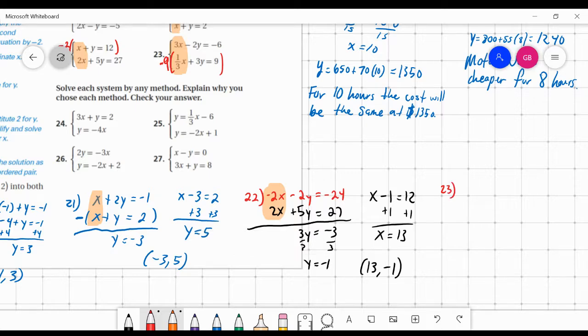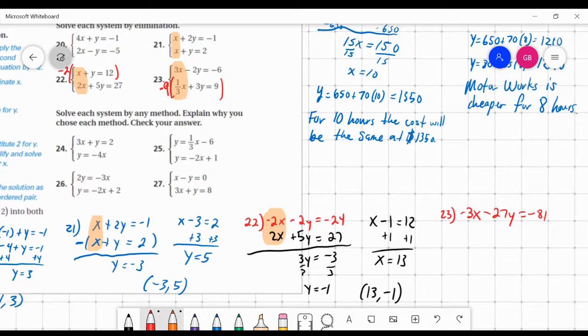So negative 3x, negative 9 times 3 would be minus 27y. And then negative 9 times 9 is negative 81. And then the original one, the top one is 3x minus 2y is equal to negative 6. So this eliminates. Now we could add: negative 29y is equal to negative 87.